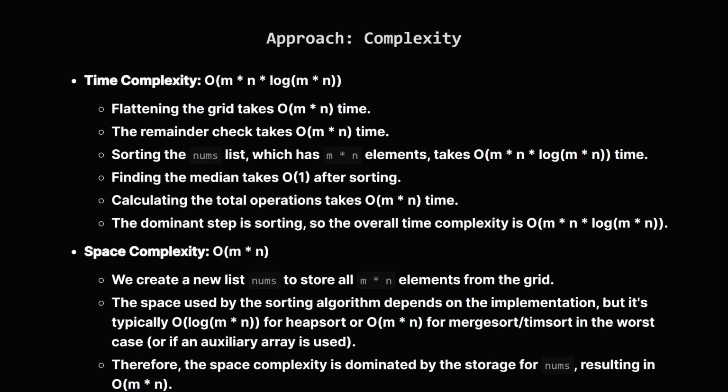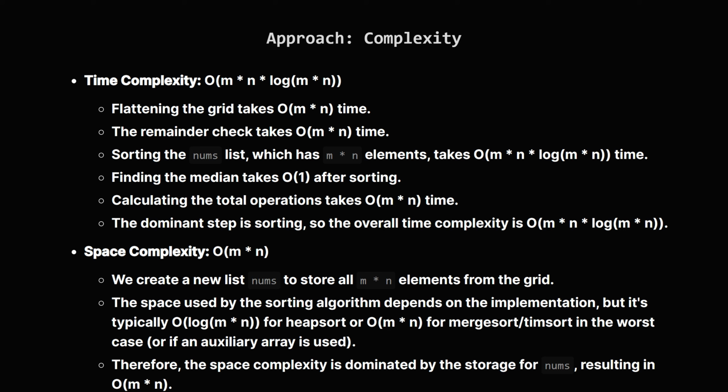Let's analyze the time and space complexity of this sorting-based approach. For time complexity, first, flattening the grid into the nums list involves visiting each of the m times n elements once. This takes O(m*n) time. The remainder check also iterates through the m times n elements once, taking O(m*n) time.